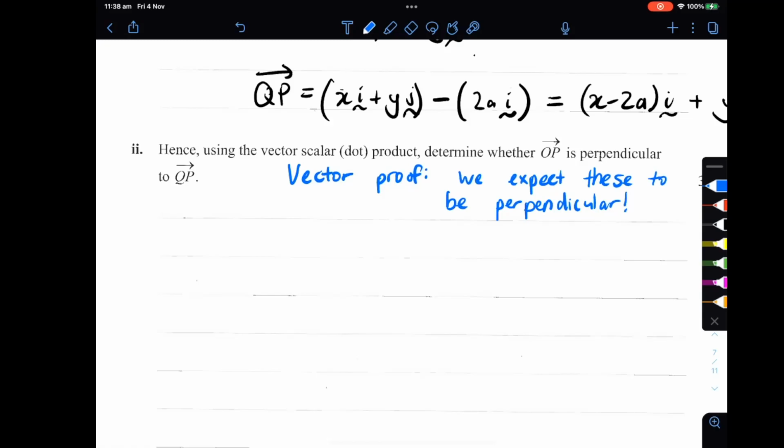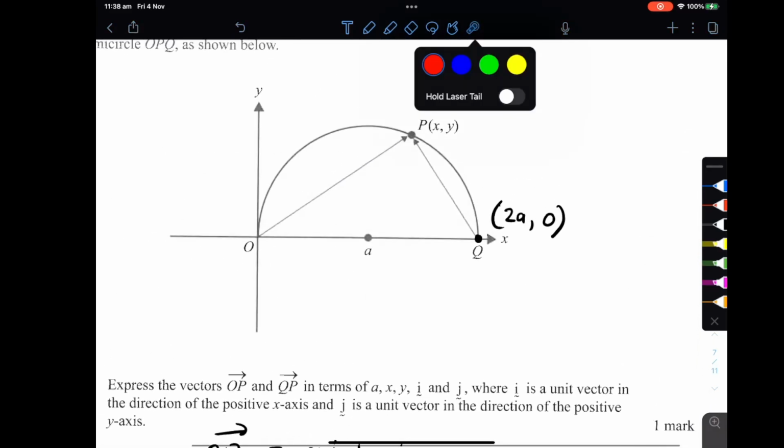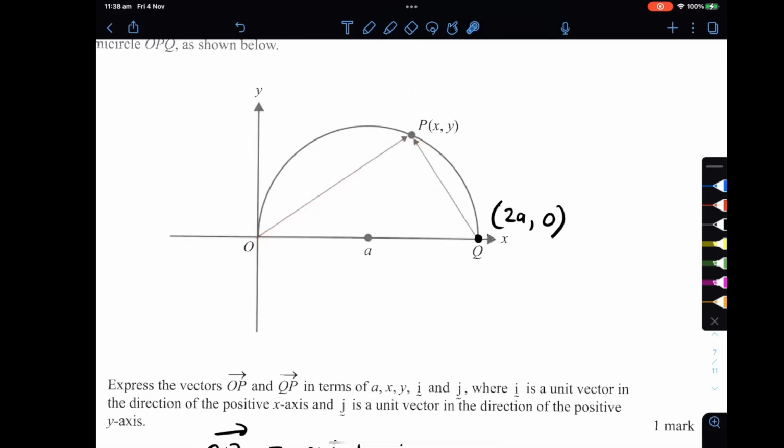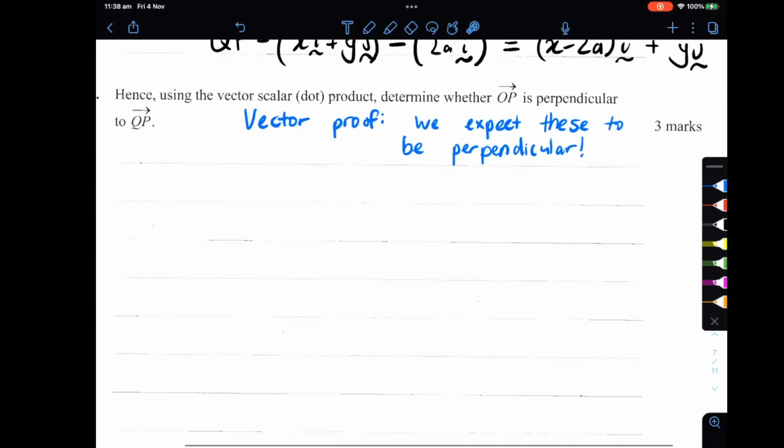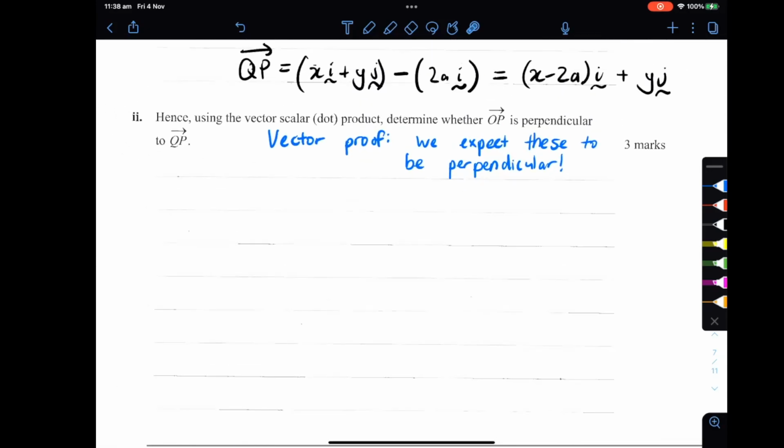Okay? That's just a mental note you should make to yourself, because what you may have learned in vector proof is if you have a circle and you have the diameter of a circle, then the angle subtended by these, this angle here, is going to be a right angle. That's just what we expect, but we'll see if that works out.